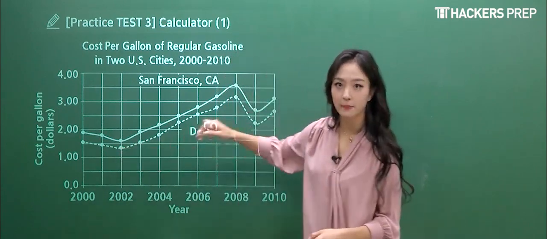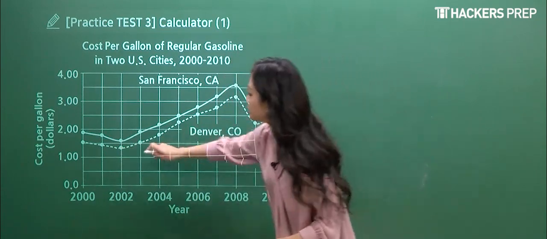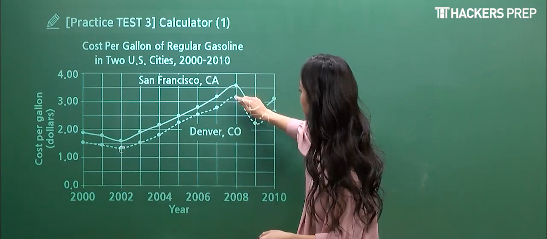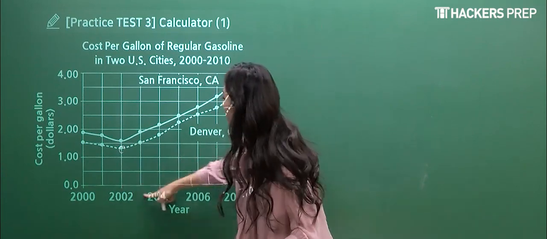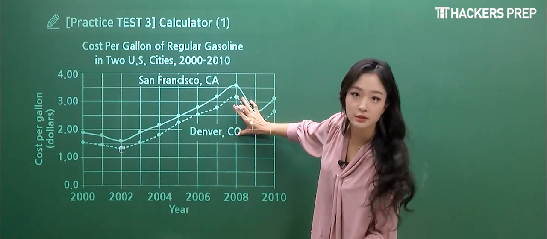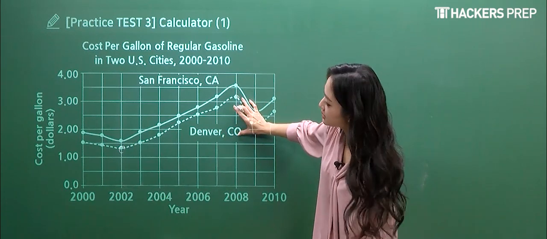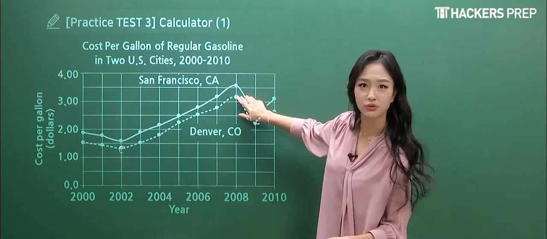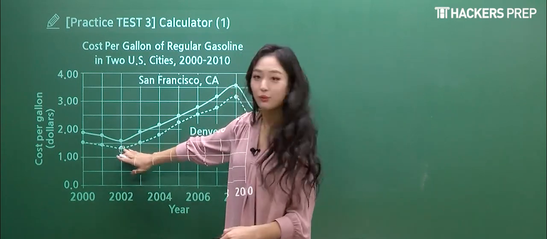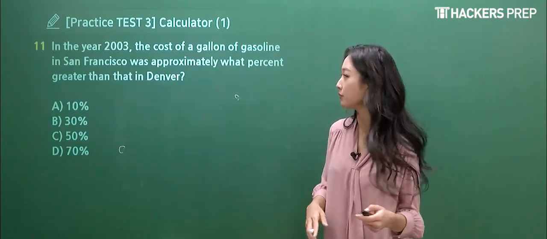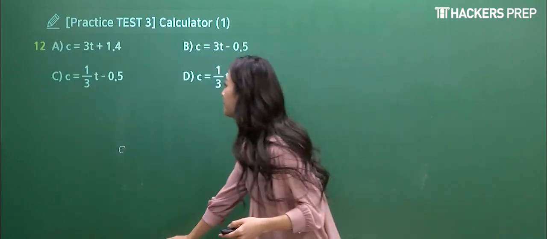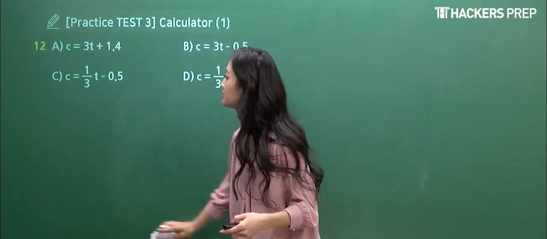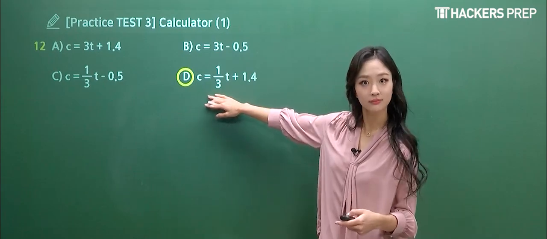So you can see that there's going to be a positive y-intercept. And you just have to approximate the slope associated with this. So in a 6-year period, what was the overall increase in cost per gallon? That's going to be 3.2 and that number 1.4. So you can transform that into a slope form, right? So what do you guys get as your match? Positive y-intercept. D is your match, right? Okay.